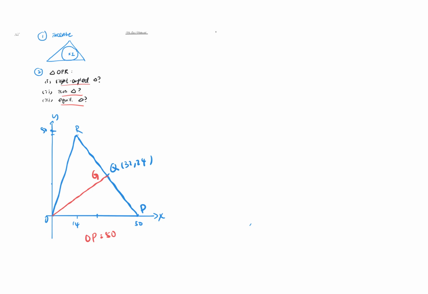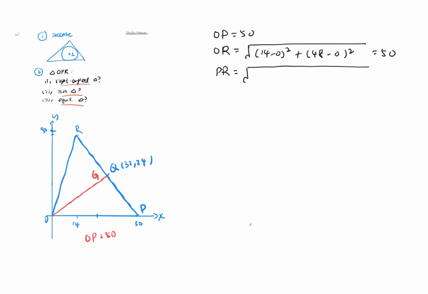So we know that OP is 50. We check OR by using the distance formula. For OR, we have 14 minus 0 squared plus 48 minus 0 squared, and then we get 50. But of course, we have to check PR.